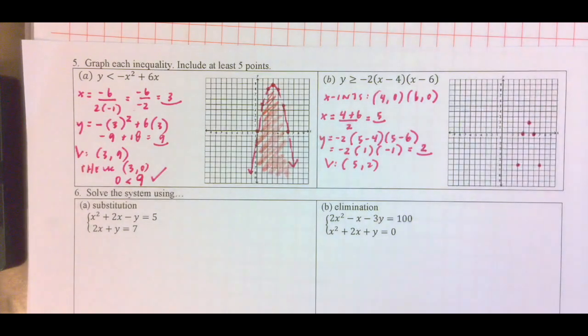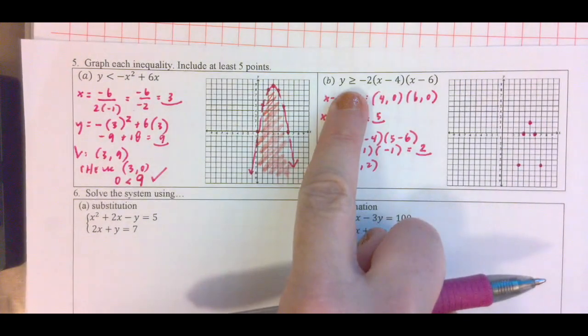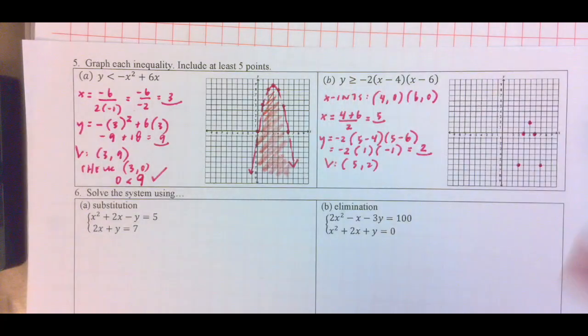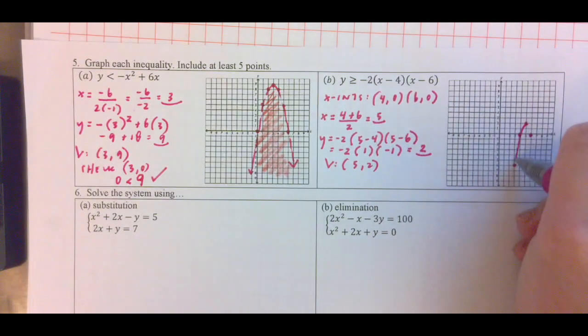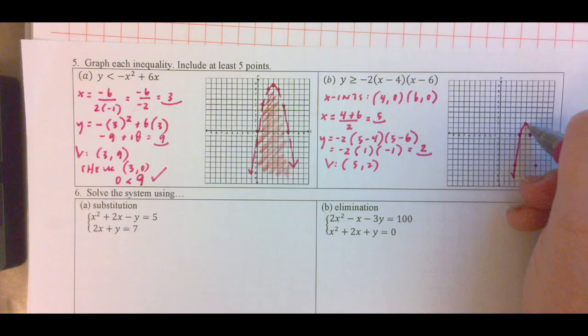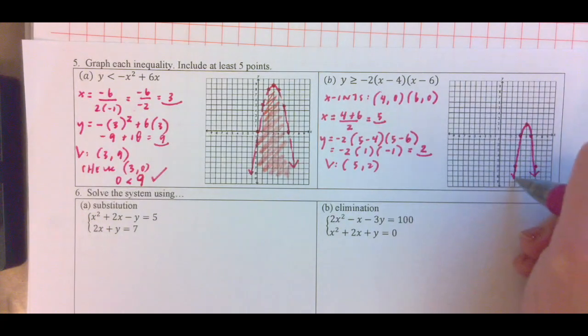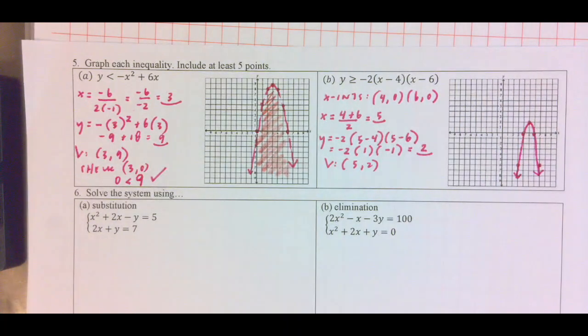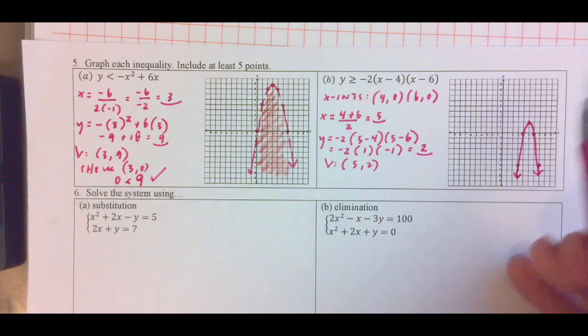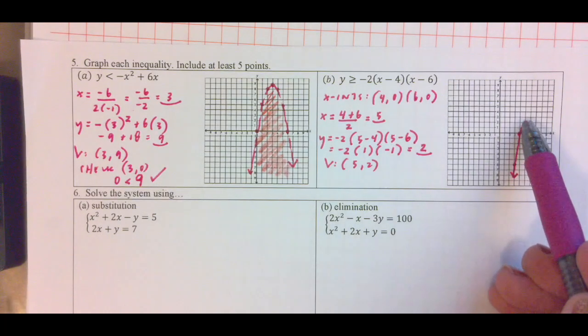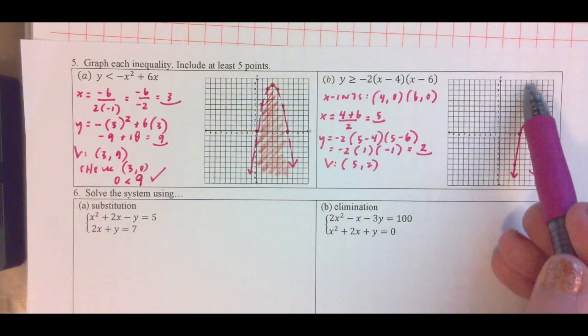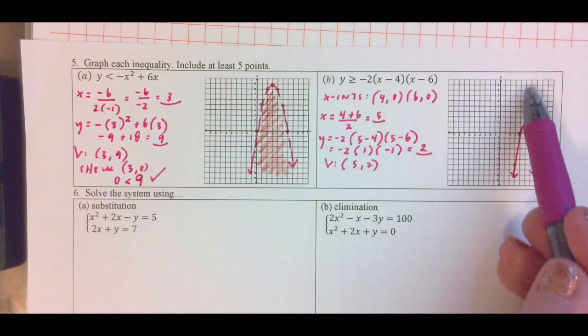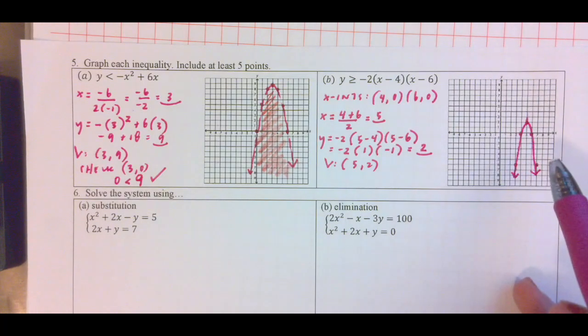Now, since it is greater than or equal to, now it's going to be solid when I graph the quadratic. And then it's a matter of where I shade. So if I go to my vertex, the fact that it's greater than, more than, that means I'm shading above where my vertex is. And if I wanted to plug in a checkpoint, I would probably use the origin.